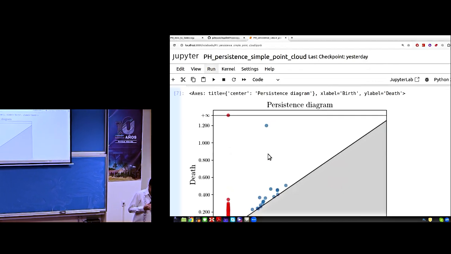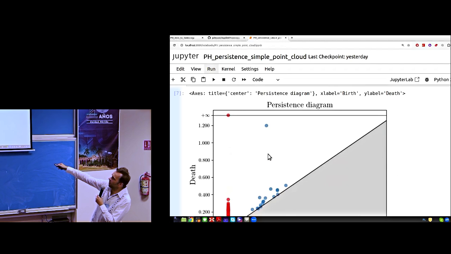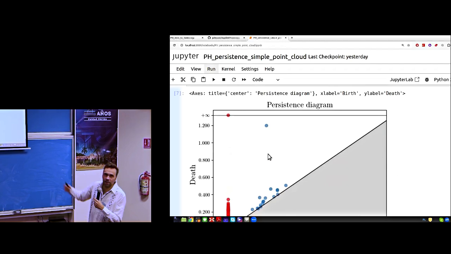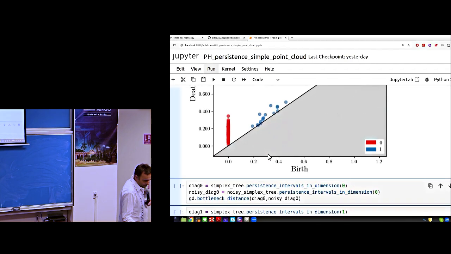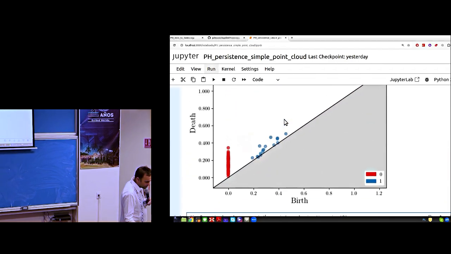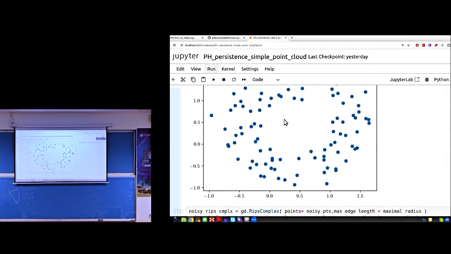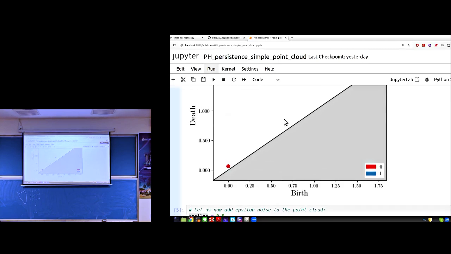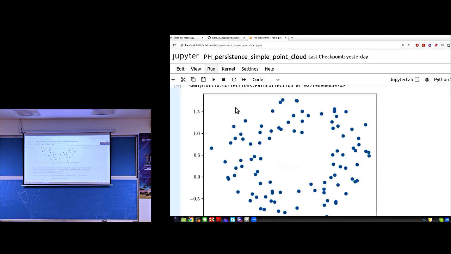But what's important is, again, the signal-to-noise separation. And we have this guy responsible for a cycle, and of course, the connected component. So that's the robustness part, but we can still compute the bottleneck distance between this diagram and the diagram you have over here. Clearly, they have different cardinality. Well, in dimension 0 they have the same, but in dimension 1 they have very different cardinality this time.